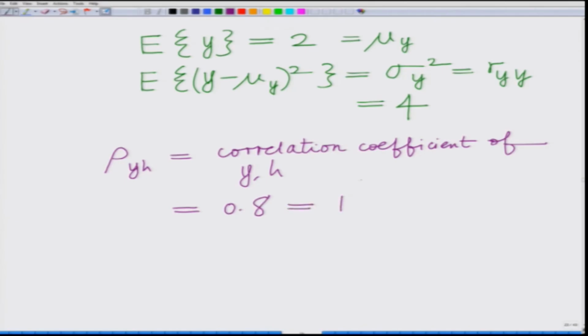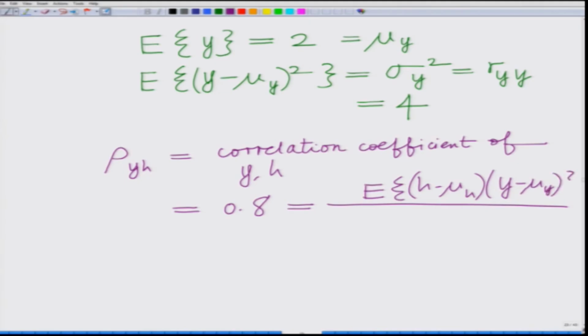Remember, the definition of the correlation coefficient is the expected value of y minus mu y, in the scalar scenario, h minus mu h times y minus mu y, divided by sigma h into sigma y.